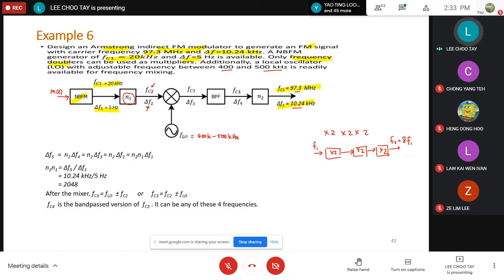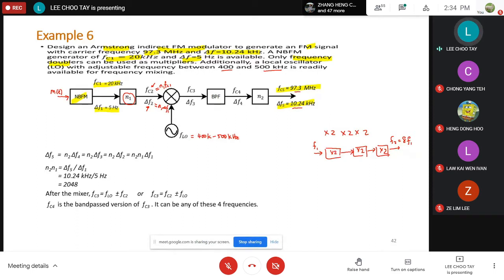Basically FC2 is equal to N1 FC1, and delta F2 is equal to N1 delta F1, because the frequency multiplier will produce an output of a factor N1 times the input frequency, which is FC1, and also N1 times the frequency deviation, which is delta F1.